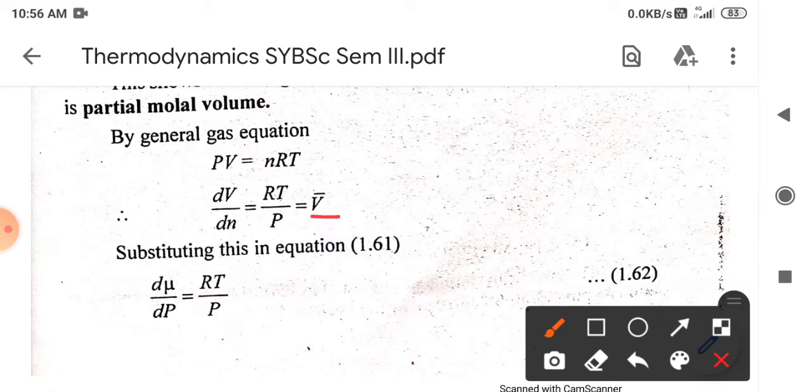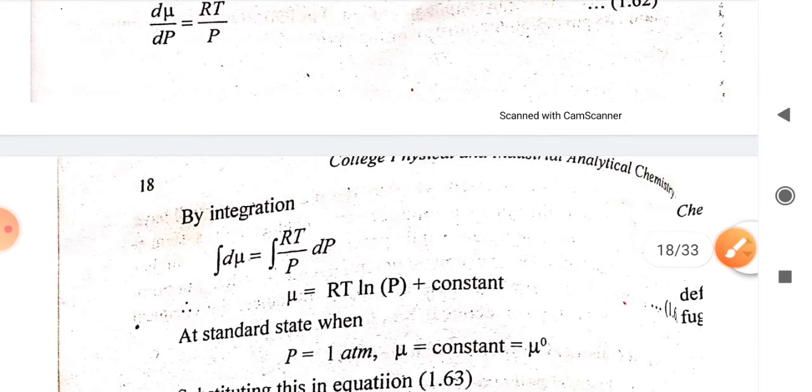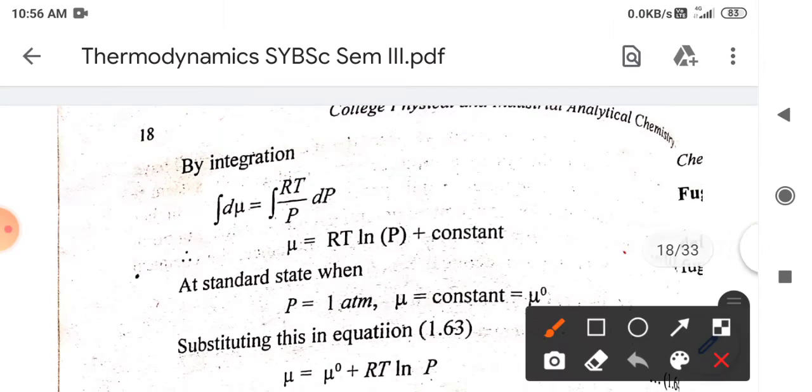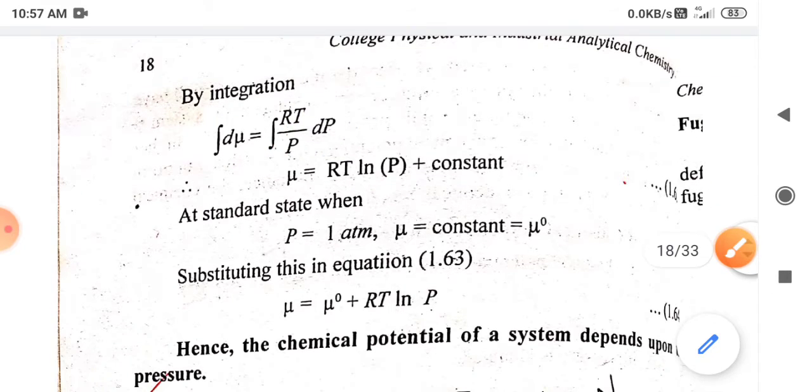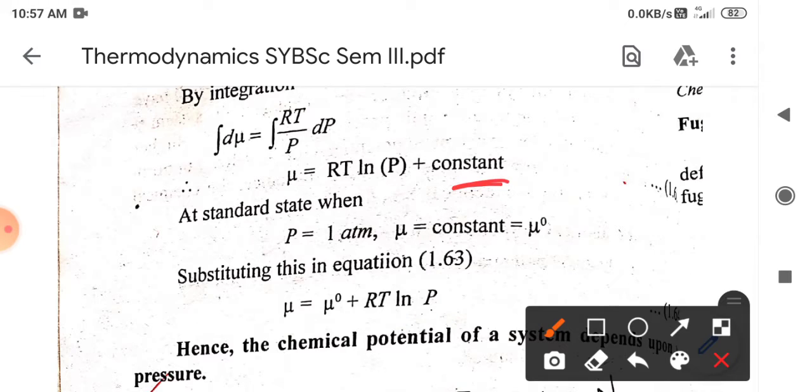Now simply substitute the value for V bar here. So d mu upon dP equals RT upon P. Upon integrating the above equation, d mu equals the integral of RT upon P dP, and we know that the integral is natural log of P plus some constant. So we need to find out the constant.